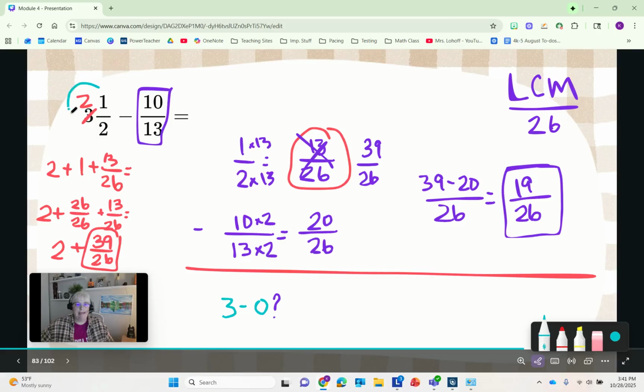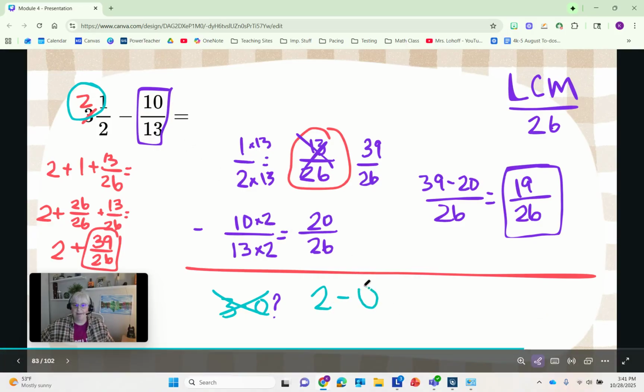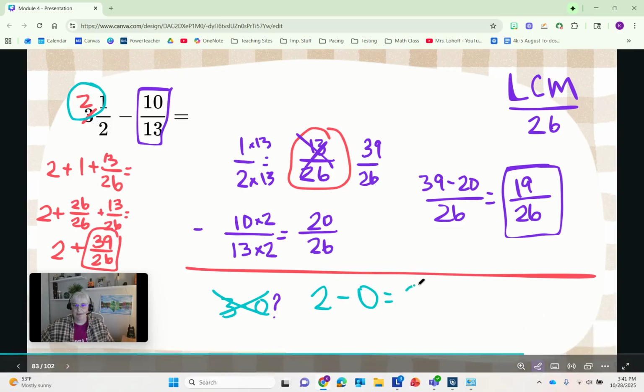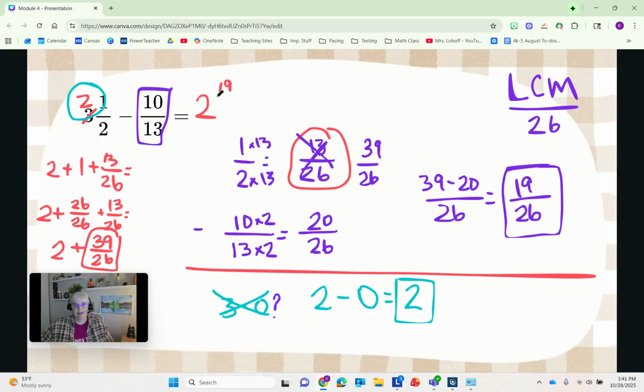Remember, we had to change that to a 2, so this won't work. But we have 2 minus, and there was no number in front of the 10/13, so that will be 0. 2 minus 0 is 2, and we have our whole number part. We put the 2 together. So our final answer for this problem is 2 and 19/26.